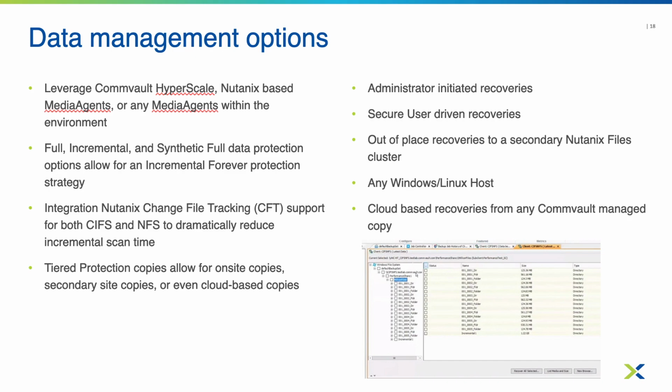We mentioned before, being able to recover that data back from whole cloth is relatively difficult, but being able to put it back onto any restore target that you might have, whether that's a Windows or Linux server sitting around the environment, back in place to the original Nutanix share, some other Nutanix files environment, again, or even out to the cloud, right? Put it out to S3, put it out to Nutanix buckets, whichever vendor.